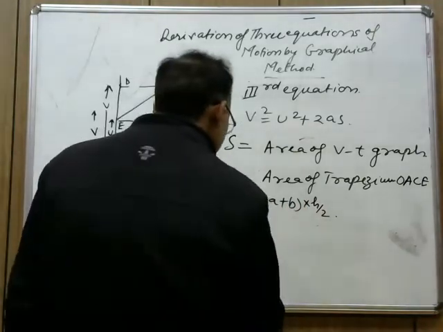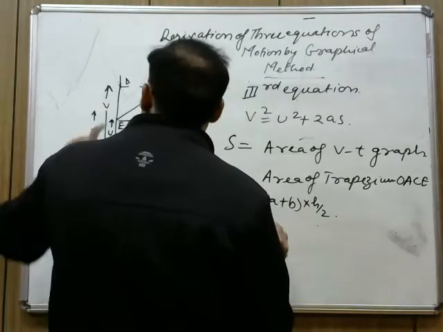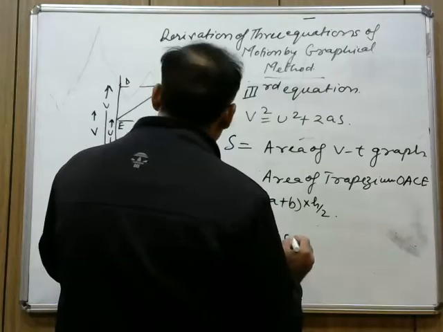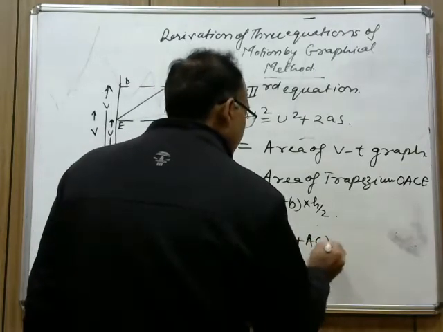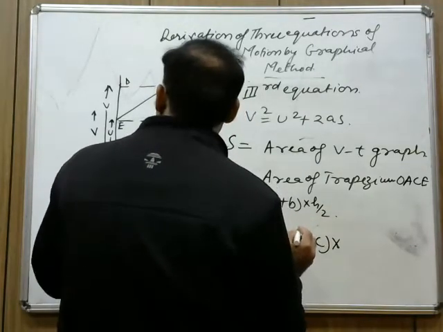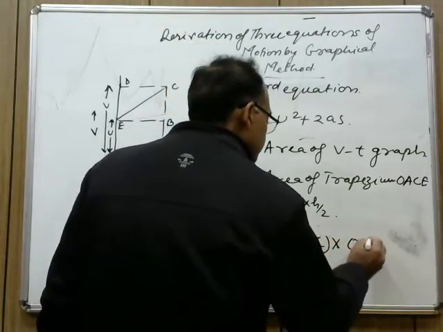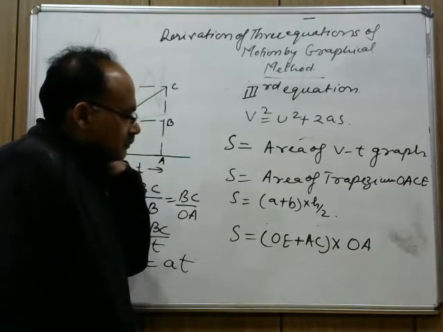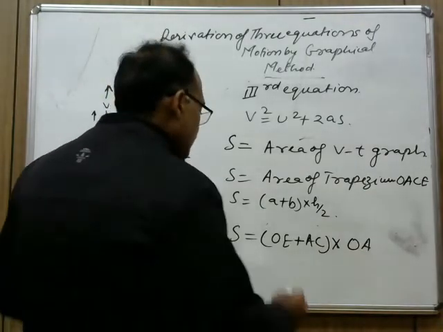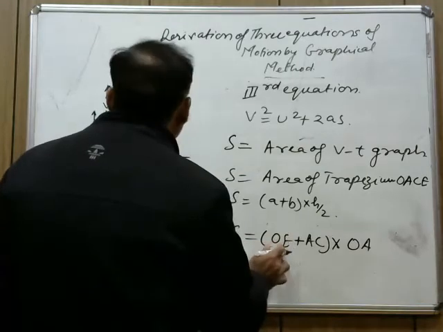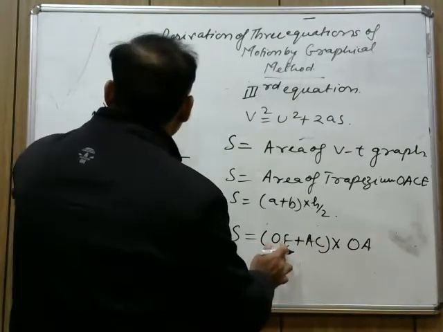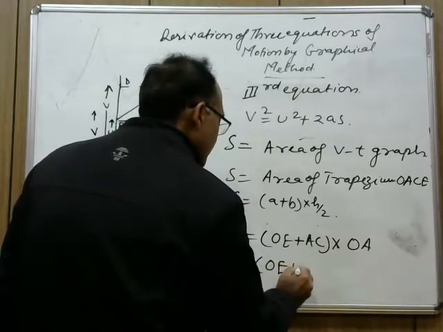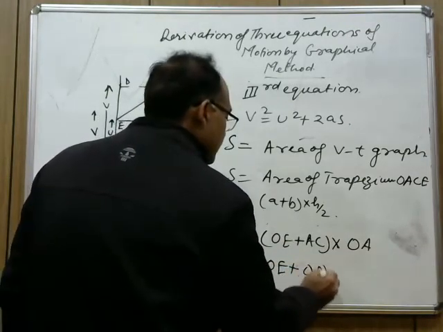Now we can write the two parallel sides as OE plus AC, into height OA. OE is simple, and AC can be written as OD. S is equal to (OE plus OD) into OA.